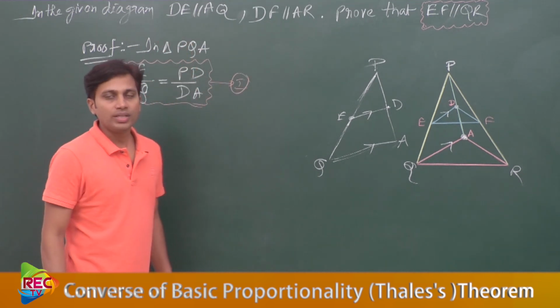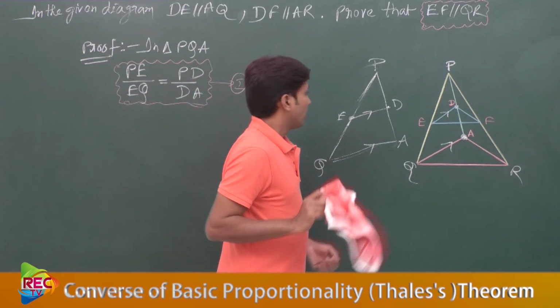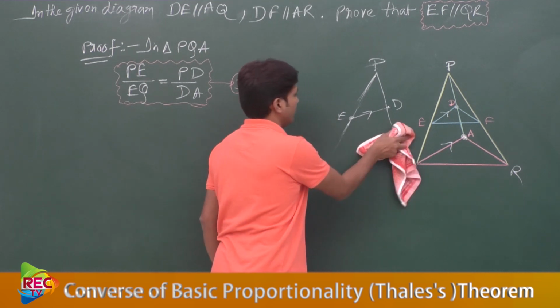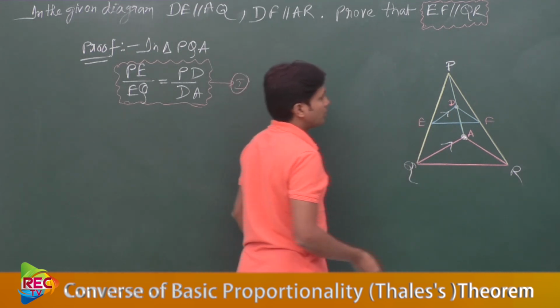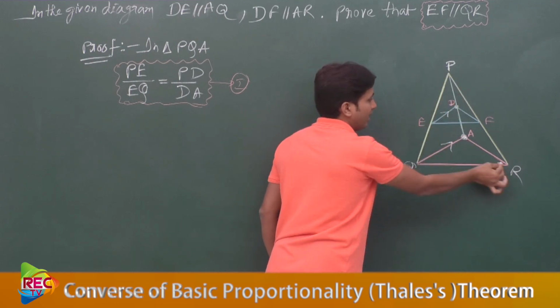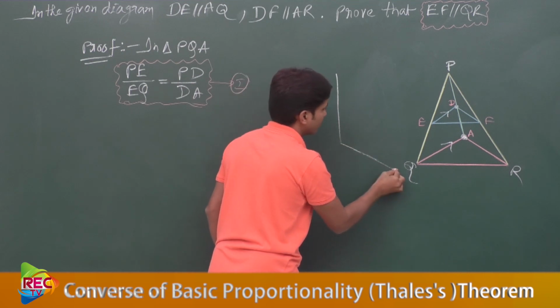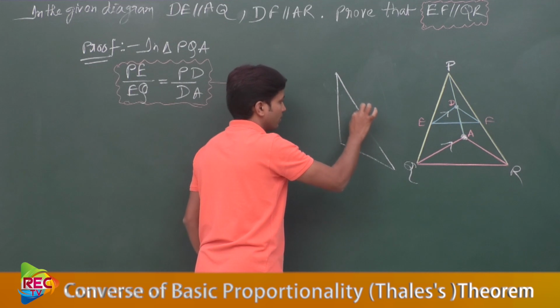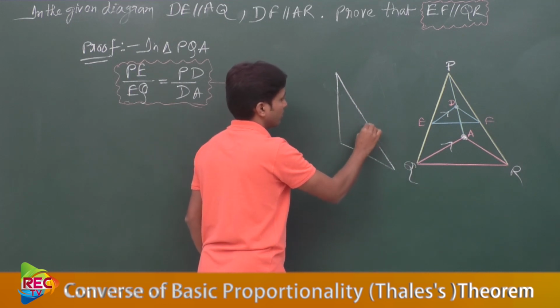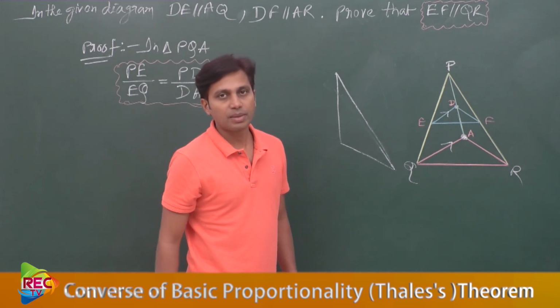Now let us consider one more triangle, on the other side of that. Just consider the triangle PAR. Let us draw that separately. Now we have drawn this triangle separately.